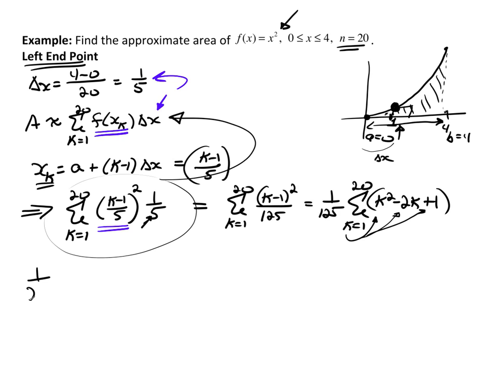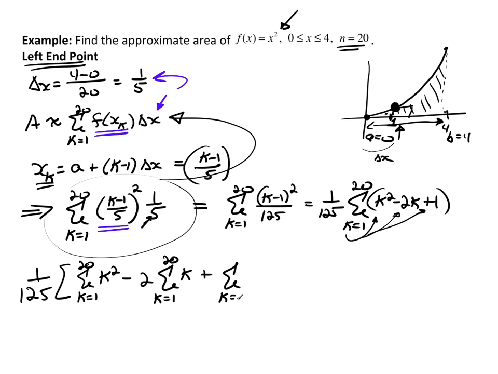So I have 1 over 125 times the sum, k equals 1 to 20 of k squared, minus 2 times the sum, k equals 1 to 20 of k, plus the sum, k equals 1 to 20 of 1. Well, I gave you formulas for these.